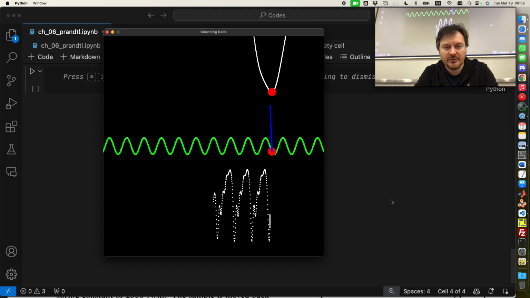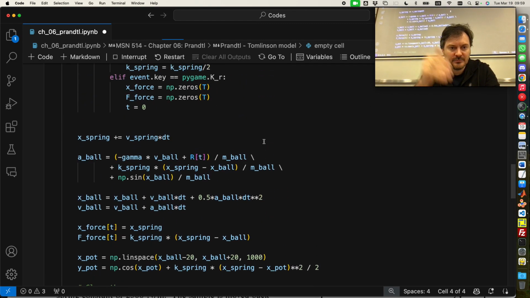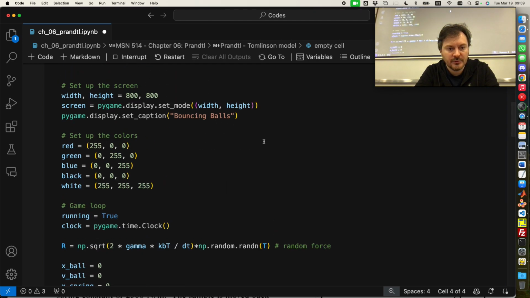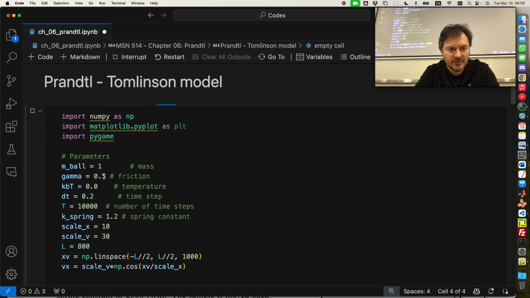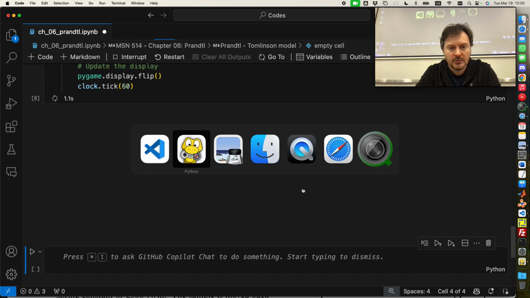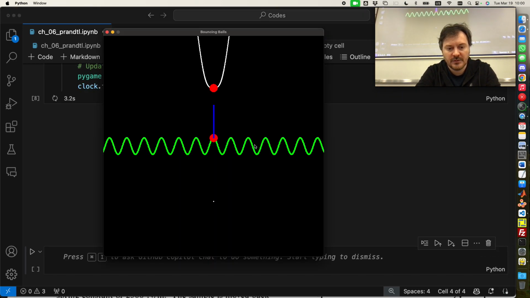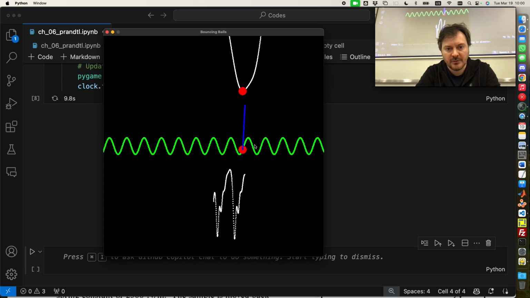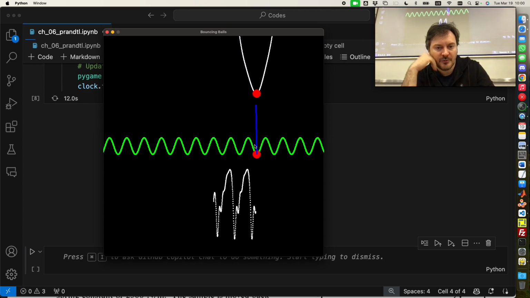Can I get rid of this if I increase this one? Maybe if I do this. I decrease the time step. It didn't matter, but at least we have a smoother curve.